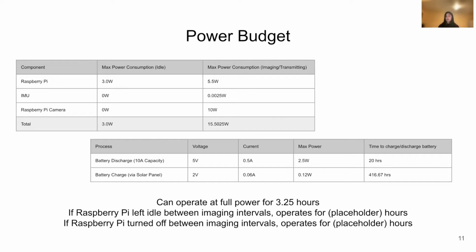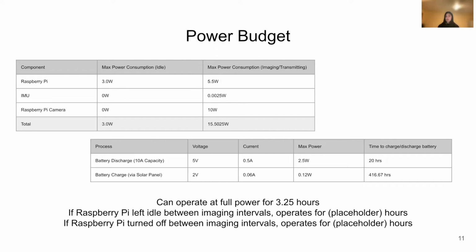So what we decided was we could turn the Raspberry Pi off when it's not being used. So for example, when it's in an area we've already taken photos of, or it's in that interval between photos, we can turn it off and back on.